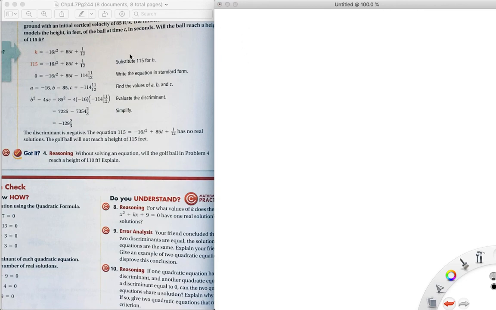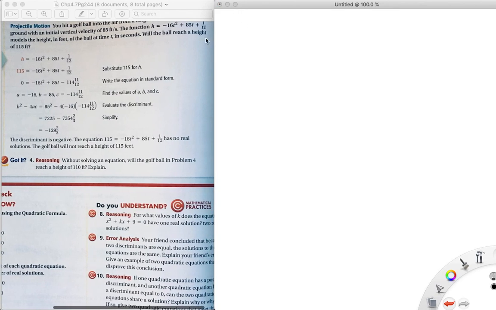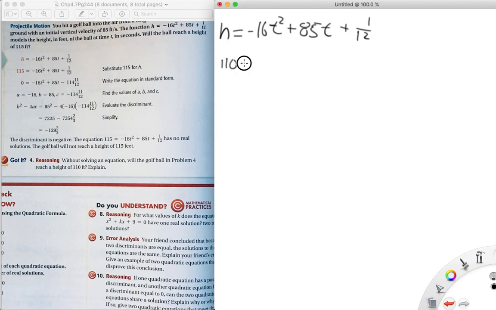So the equation that they give us is h is equal to -16t squared plus 85t plus 112. Since they want to know if it could reach a height of 110, I'm going to plug 110 in here for h. 110 equals -16t squared plus 85t plus 112.